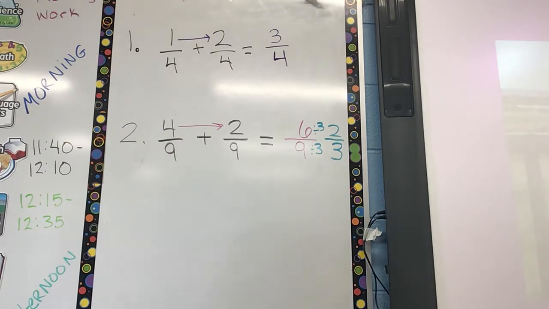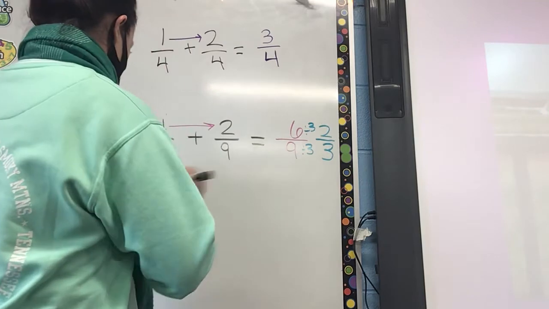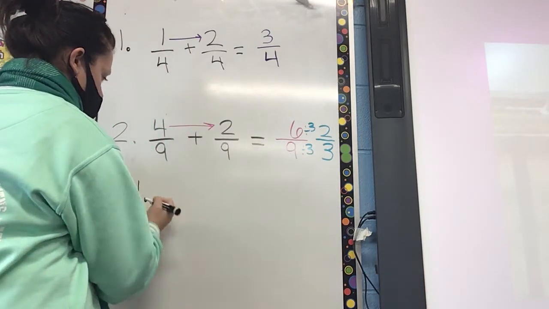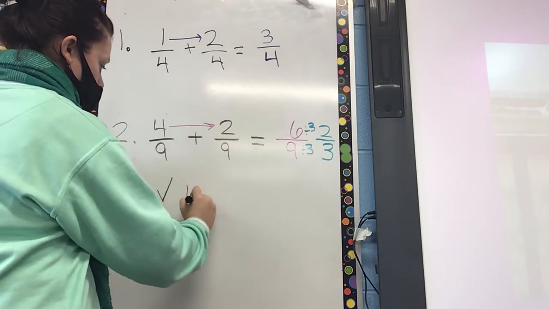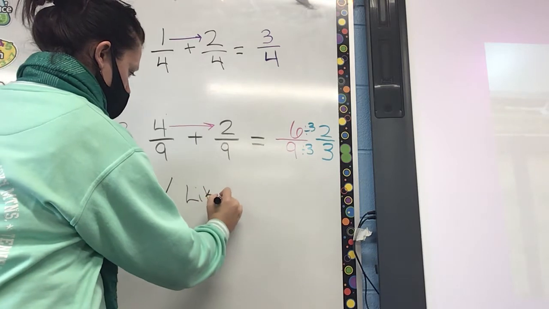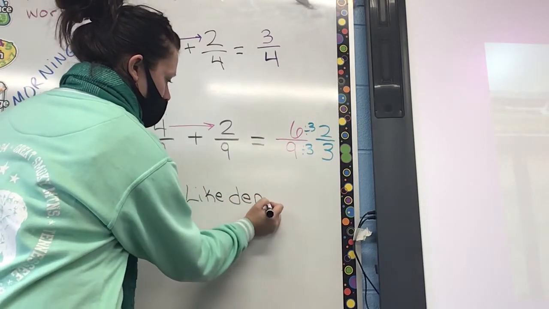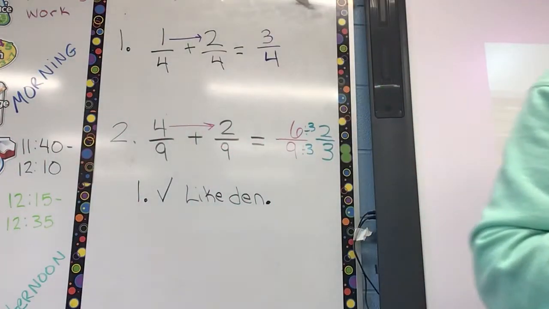I'm going to make you a list. Also, I want you to write in your math notebook. These are going to be our steps. Step 1. Check for like denominators. I'm going to abbreviate. DEN stands for what? Denominator. Good. Check for like denominators.